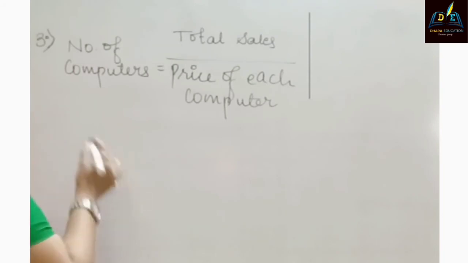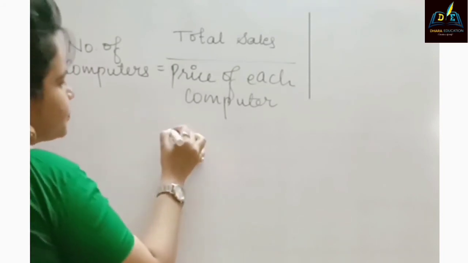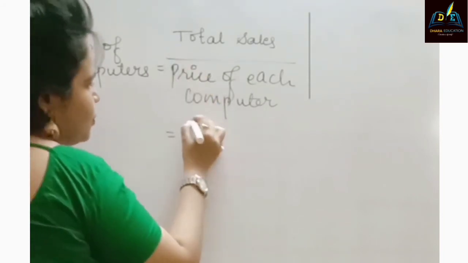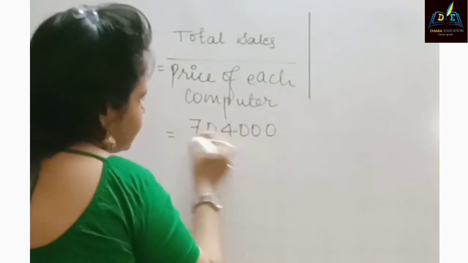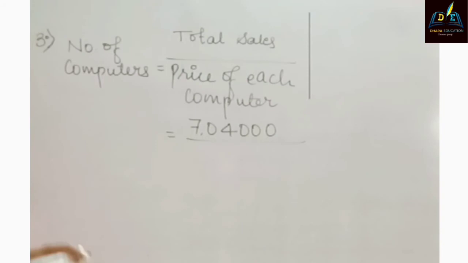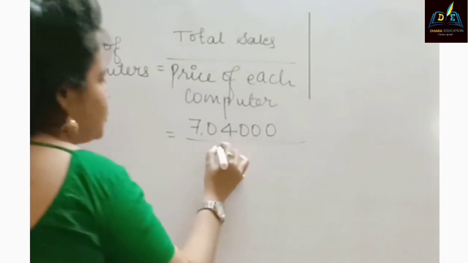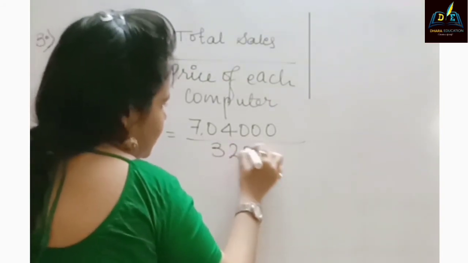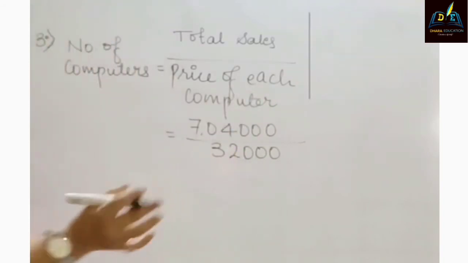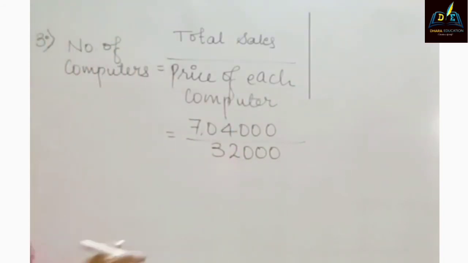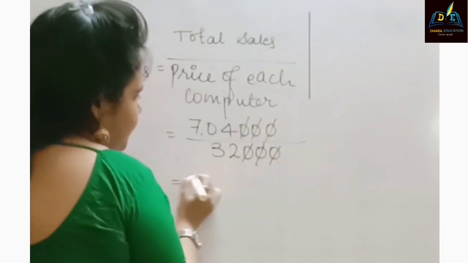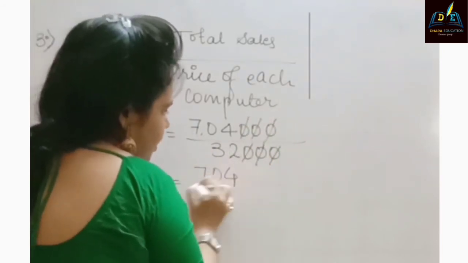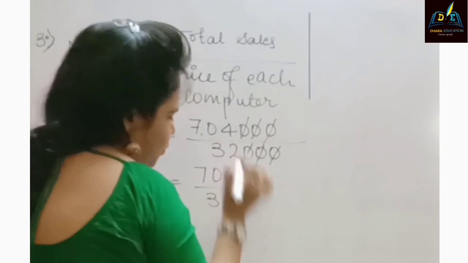The total number of computers we don't know. In the question it is mentioned each computer cost 32,000. We just need to divide. Cancel the three zeros: 704 upon 32.